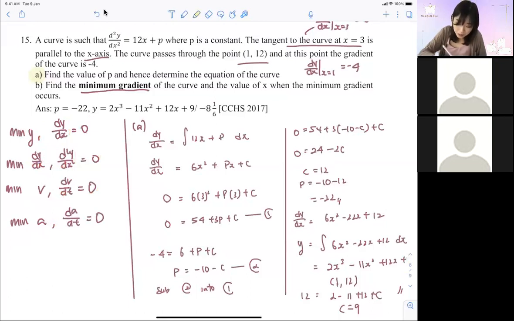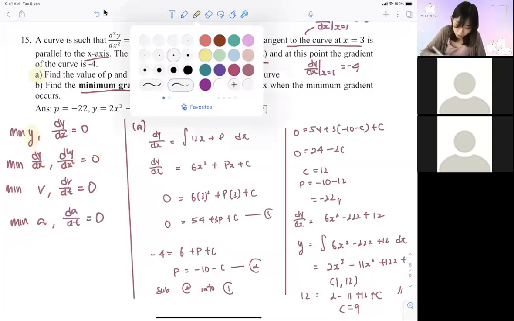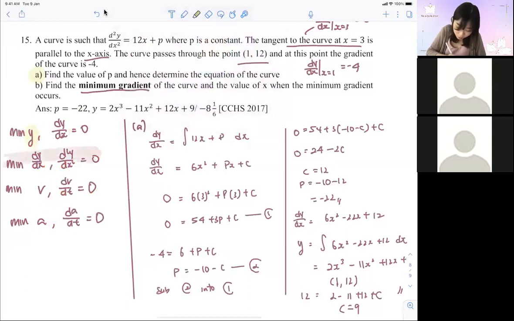Okay, so minimum and maximum are all stationary values. Every time you want to find a stationary value, you differentiate that equals to 0. Differentiate of y is dy dx. Differentiate of dy dx is d square y over dx square. So today we will be using this one for this question. You just have to differentiate your gradient.